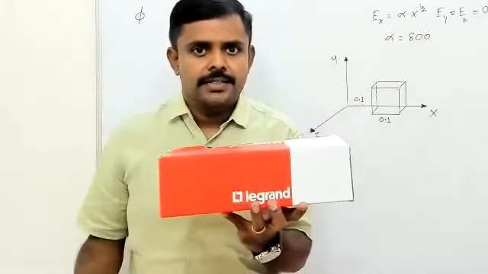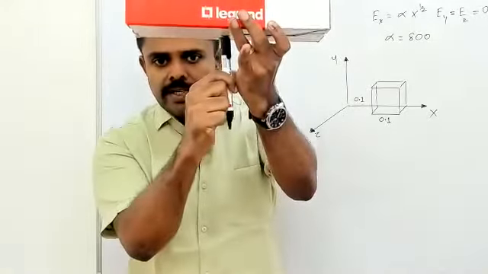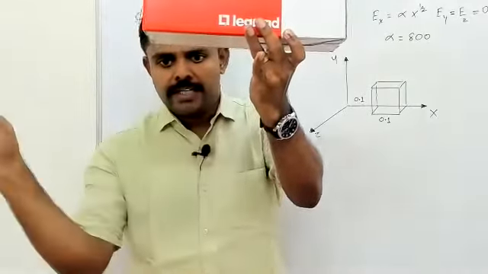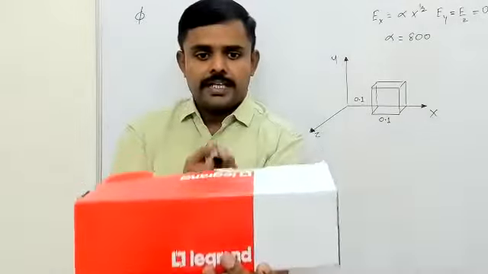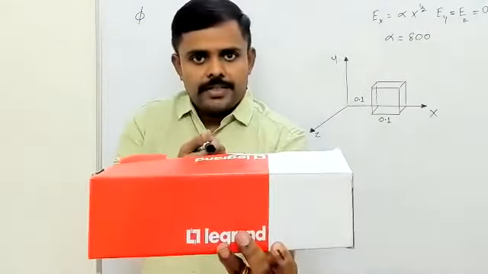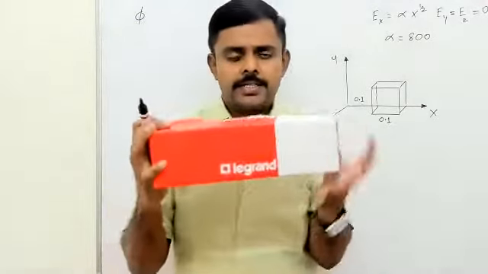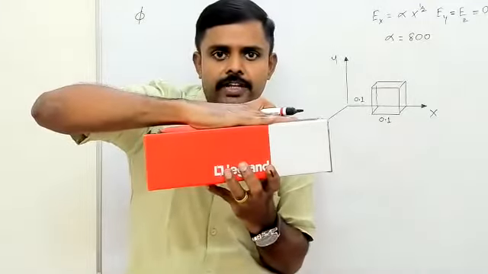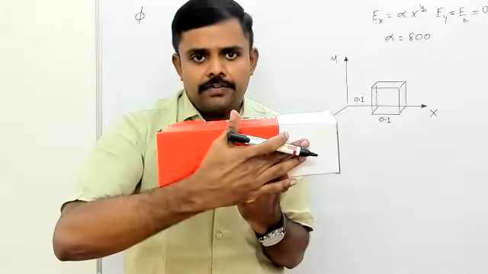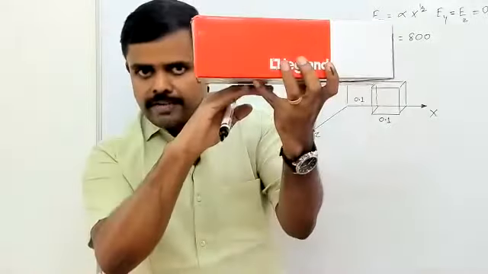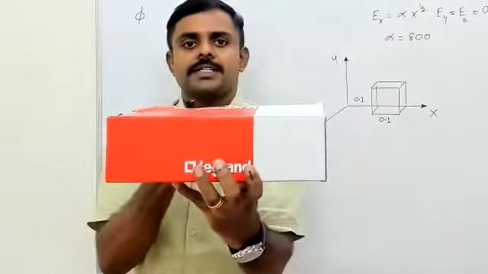The angle is 90, so flux is 0. For the bottom surface, the area vector is downwards, the field is to the right, theta is 90. Flux is 0. And for the back surface, the area vector is towards me, so flux is 0. So the top surface doesn't have any flux. The front surface doesn't have any flux. The bottom surface doesn't have any flux. And the back surface doesn't have any flux either.